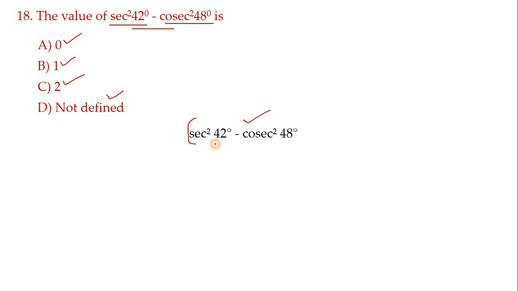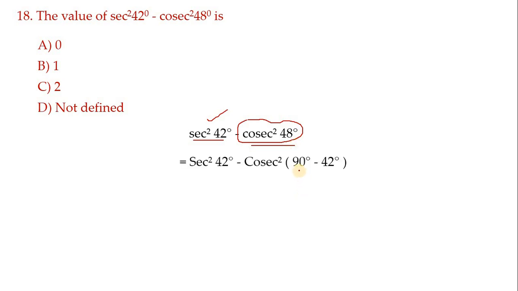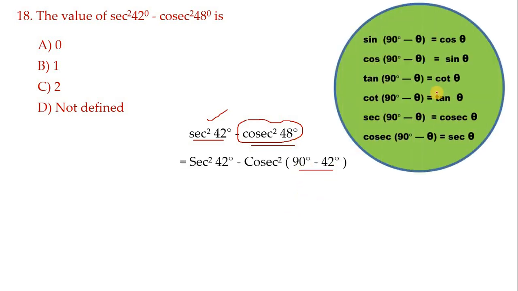Either sec square 42 degree expressed in terms of cosec square, otherwise cosec square you express in terms of sec square. It is your wish. So here cosec square 48 degree, let me express in terms of sec. So cosec 48 degree I can write as cosec 90 minus 42 degree by using this.